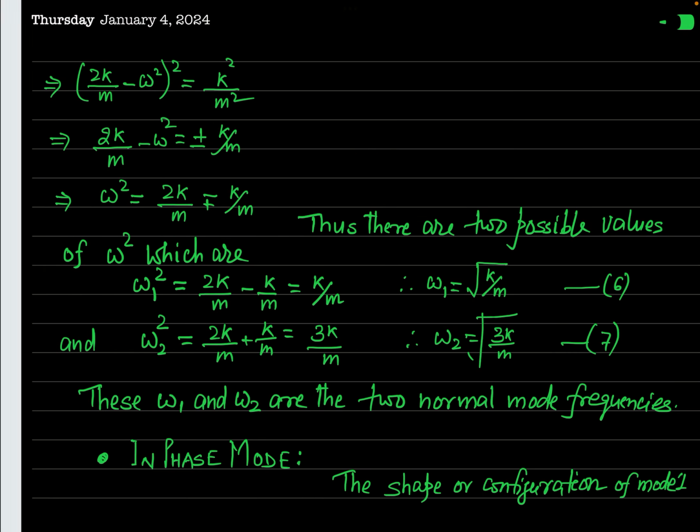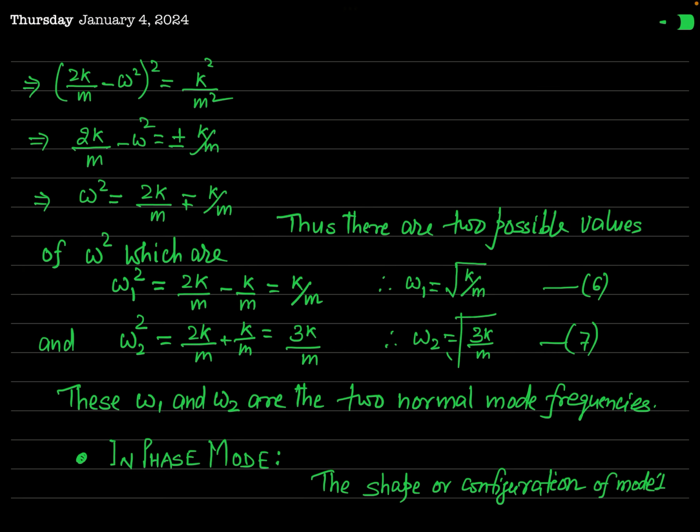Making the cross multiplication, you can see we will have 2k over m minus omega square, whole square, is equal to k square over m square. And so 2k over m minus omega square will be what? That will be plus or minus k by m. Okay. And so you can write omega square equal to 2k by m minus or plus k by m.